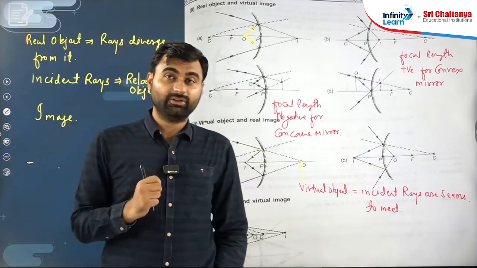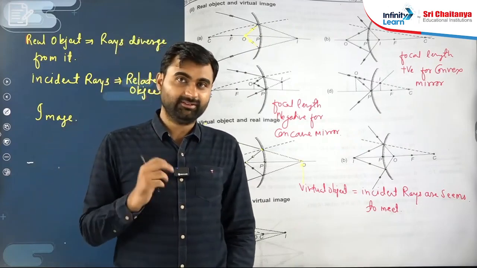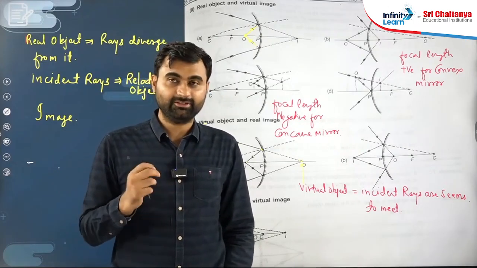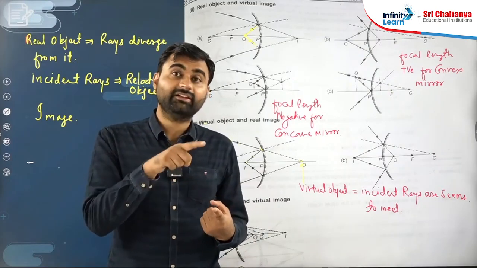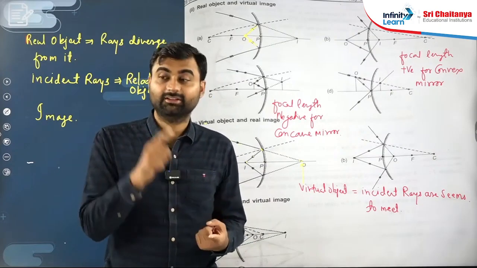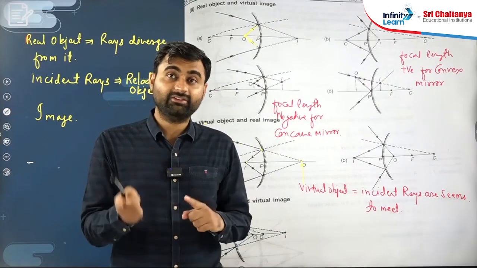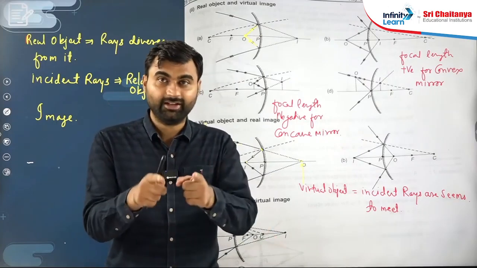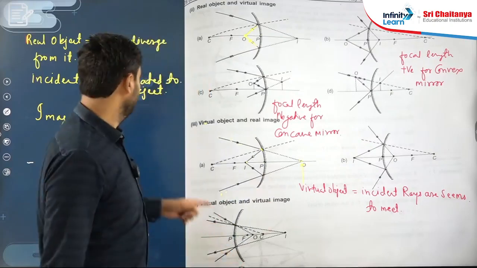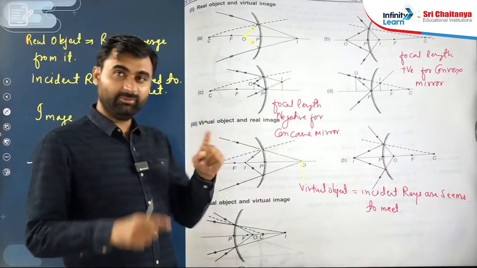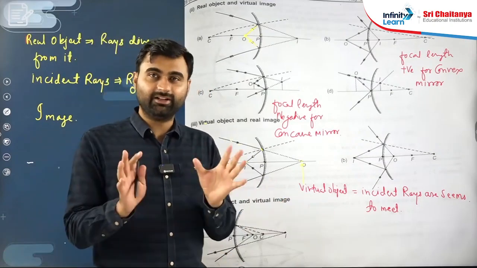So what is the mirror doing? Reflection of light. So that image is formed by reflection. Means image is related to reflected rays. The object is related to incident rays and image is related to reflected rays.